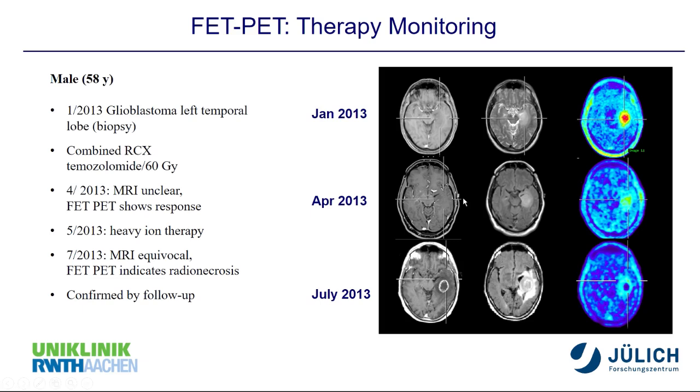At this time, it is impossible to estimate tumor response on MRI. 4 months after completion of radiochemotherapy, MRI shows a ring-enhancing lesion suggesting tumor recurrence, whereas FET PET demonstrated response to therapy as confirmed by further follow-up. This example demonstrates again the limitations of conventional MRI to monitor the response of the tumor to radiochemotherapy.